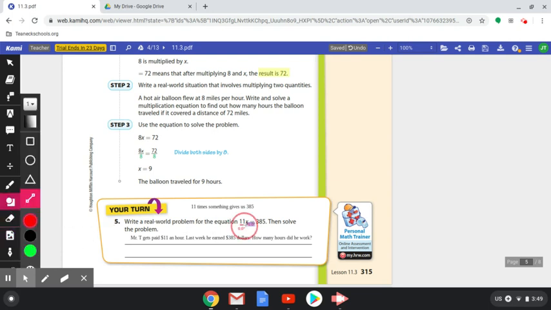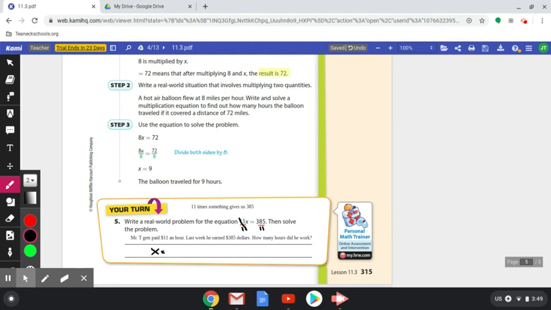We're going to divide both sides by 11. 11 divided by 11 would give us just x by itself equals 385 divided by 11.